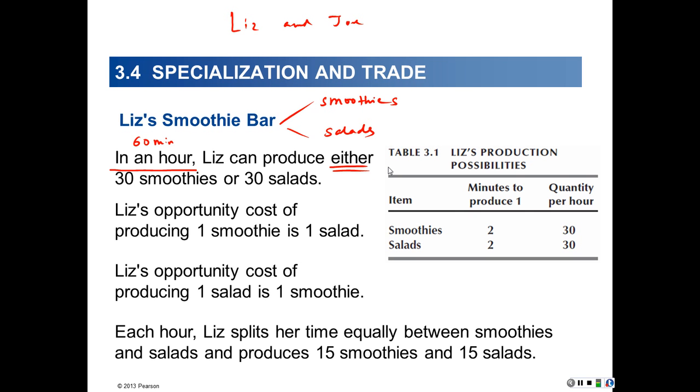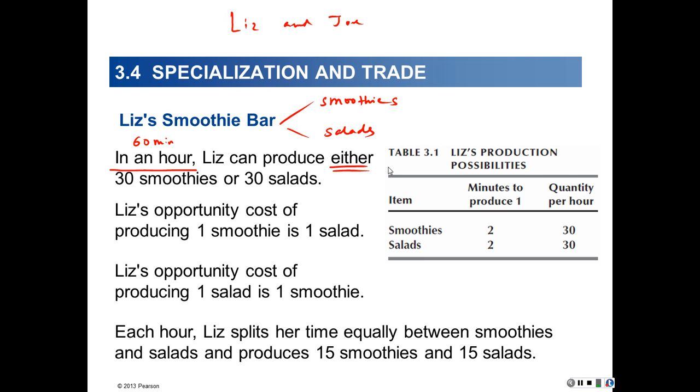Now, could you first identify in this case the particular scarce resource? What is the scarce resource in this example of production possibilities? Time, right? In that 1 hour, which of course is a scarce resource in this case.